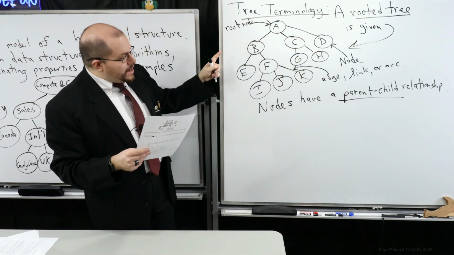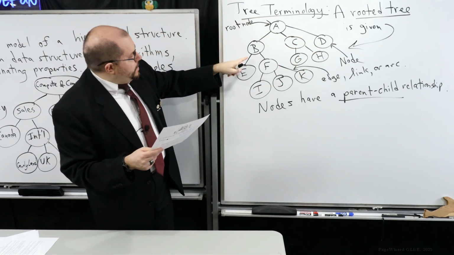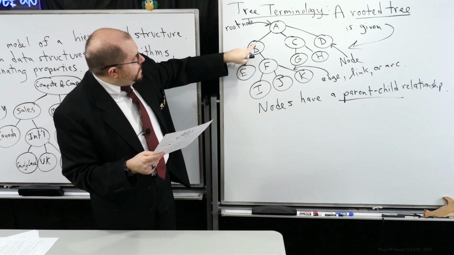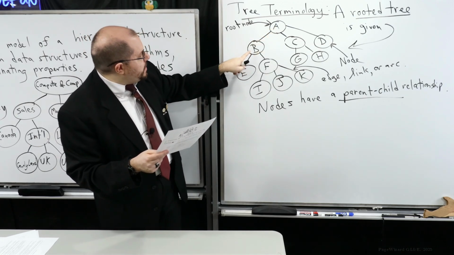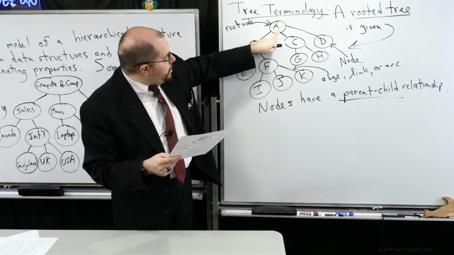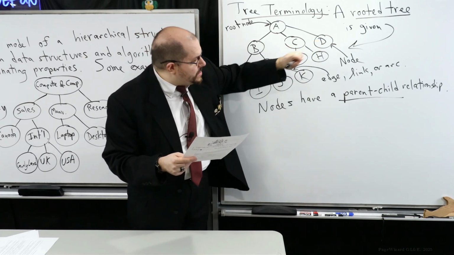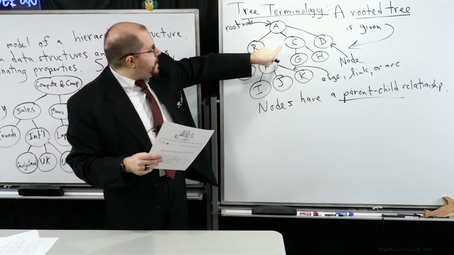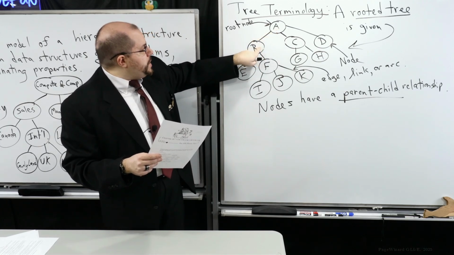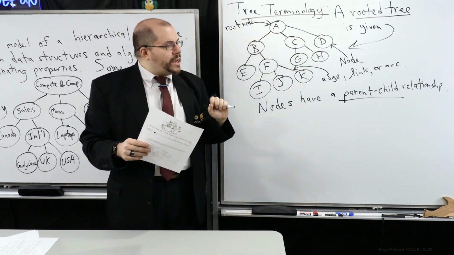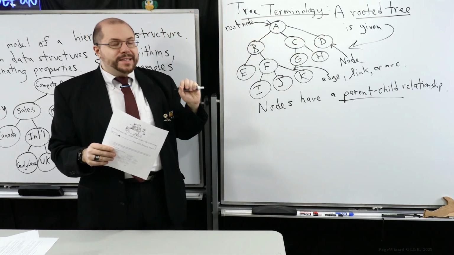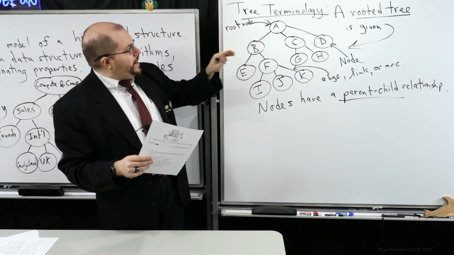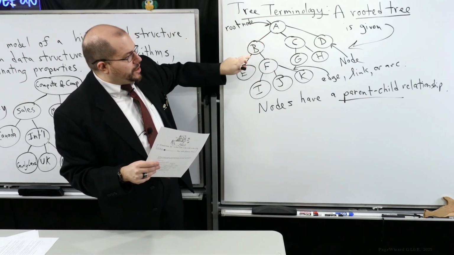You could say, for example, that A is the parent of B, but it also is the parent of C, and also the parent of D. Likewise, you can talk about the children of A. So the children of A are B, C, and D. They're going to have parent-child relationships. These are dictated by this parent-child relationship.